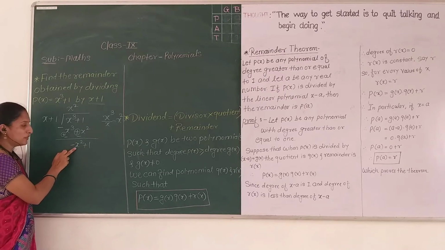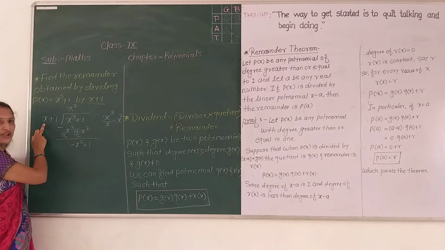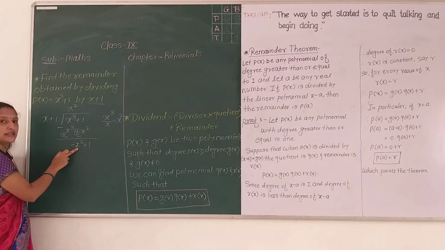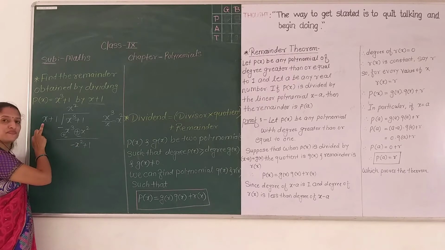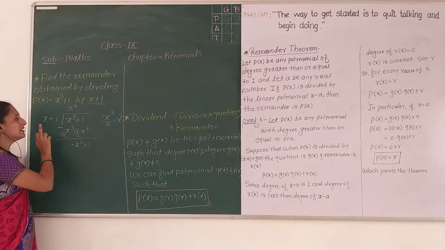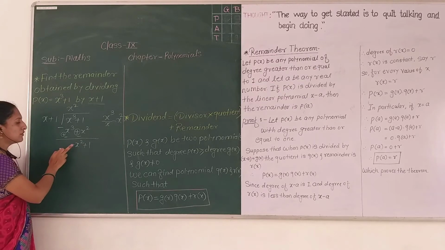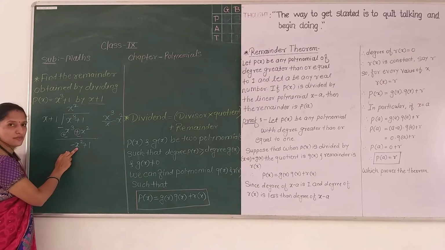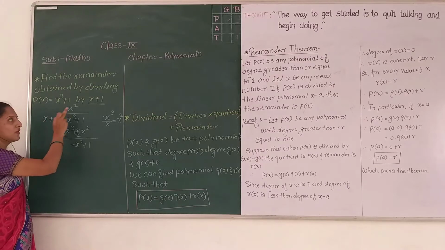Now we have to divide this new dividend by the divisor. Here the degree of the dividend is 2 and the degree of the divisor is 1, so the degree of the dividend is greater than the degree of the divisor. So now we divide the first term of the dividend by the first term of the divisor for the quotient.